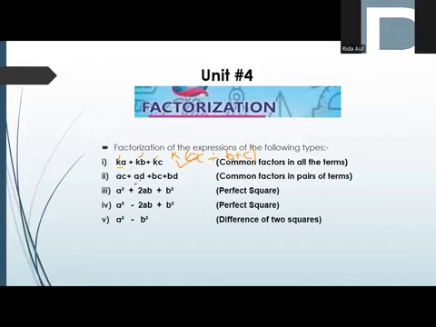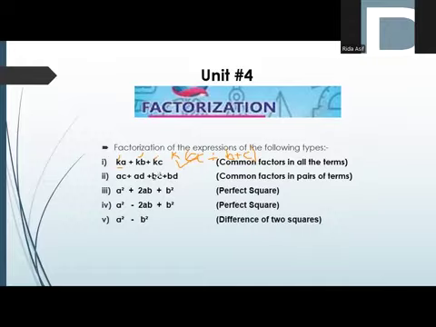What about the second type of expression? If we have common factors in pairs of terms. Here in this second question, there are four terms, right? Now in these four terms, we can see that A is common in these two terms, but it is not in the third term, right?